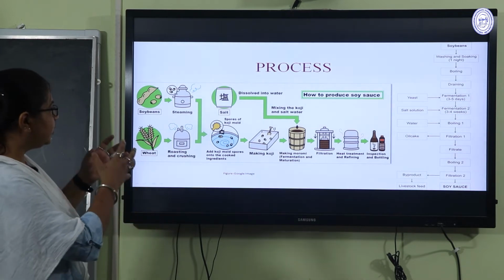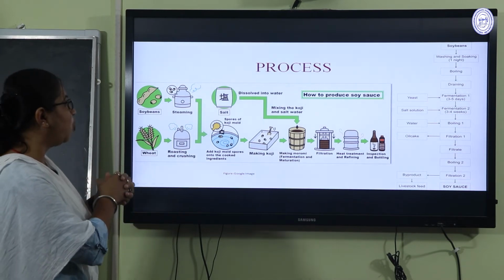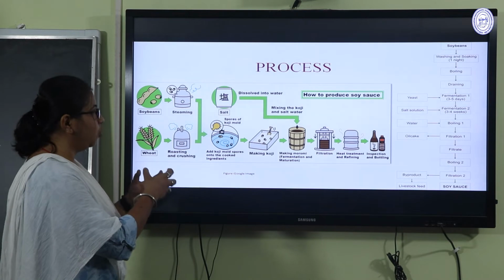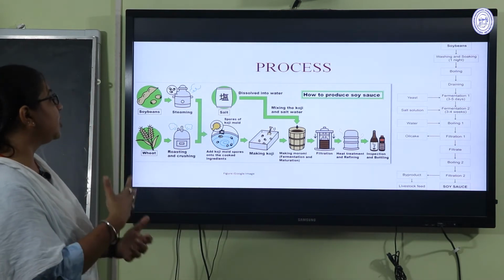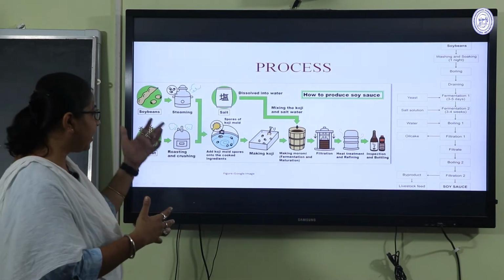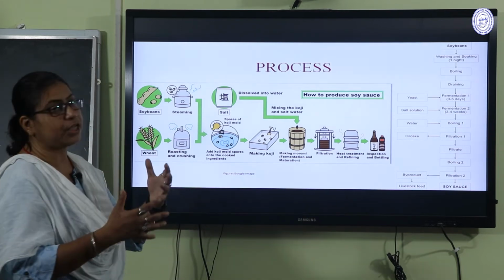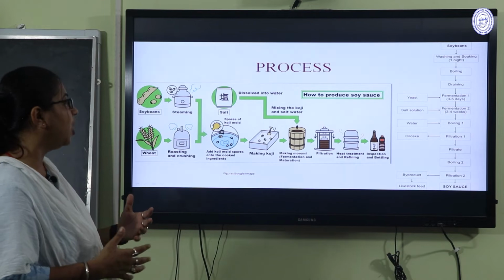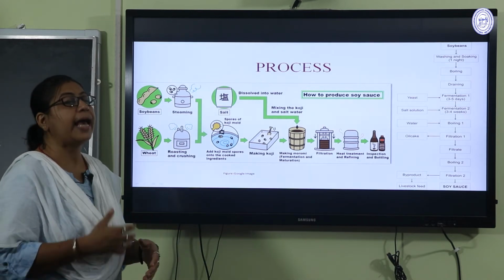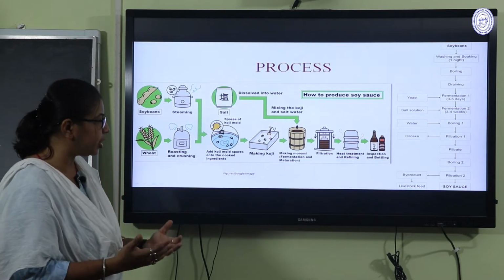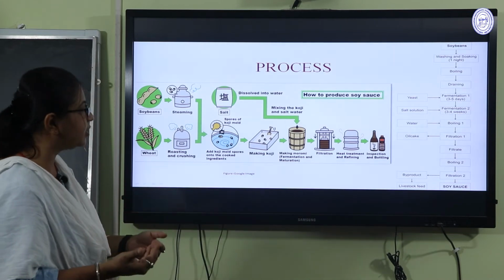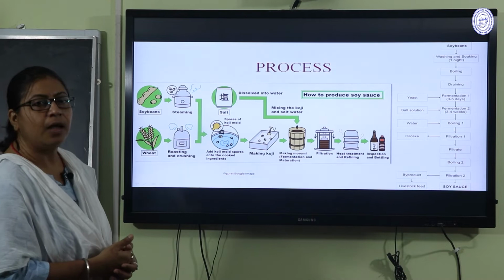After that, some salt is dissolved in water, and this salt solution, as a step 2 fermentation process during 3 to 4 weeks, is added to the koji, and this is known as moromi formation, which is the fermentation and maturation of the soy sauce. It is now ready for filtration, heat treatment, refining, inspection and bottling.